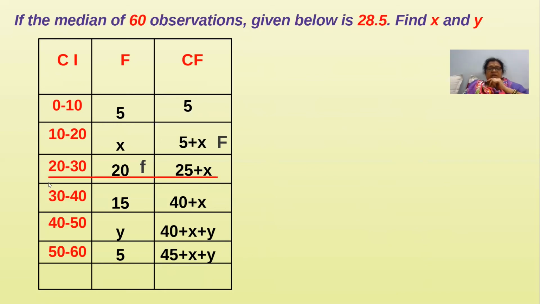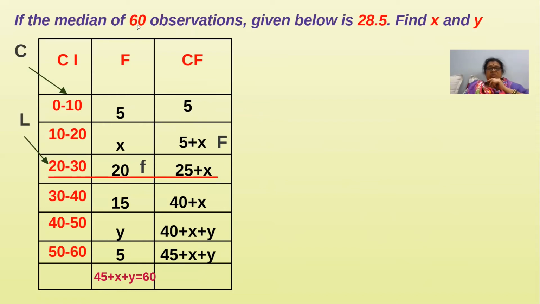So when we add, this is the median class, and this is the length of the class. Here it is 10, and this is the lower bound for the median class, and this is the capital F, and this is the small f. And we know the sum of the frequencies is nothing but 45 plus x plus y.